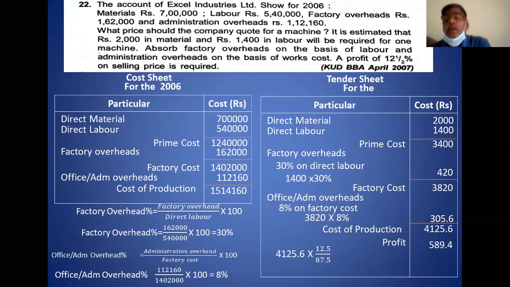Out of 100 rupees, you deduct the profit of 12.5, then 87.5 is the cost. Like this, you apply the equation and ascertain the profit. You add the profit, you will get the tender price. Thank you.